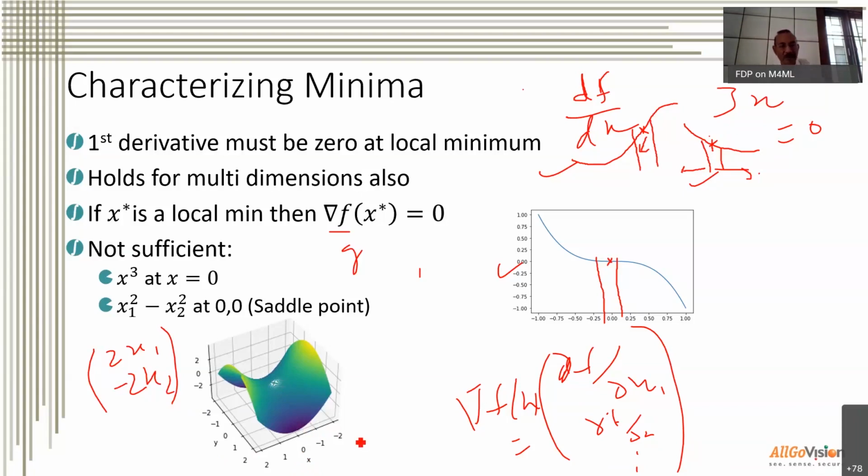That's the kind of horse saddle you have seen, and that's why such points are called saddle points. Saddle points are the ones where the derivative is 0, but it is a minimum in one direction and a maximum in another direction. So it's definitely not a local minimum, because if I put any neighborhood around it, I'm going to find values which are higher than this and values which are lower than this. Hence, this is neither a maxima nor a minima.